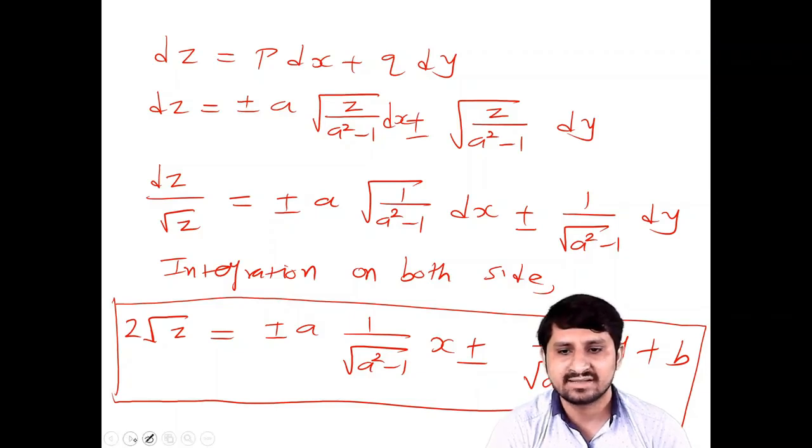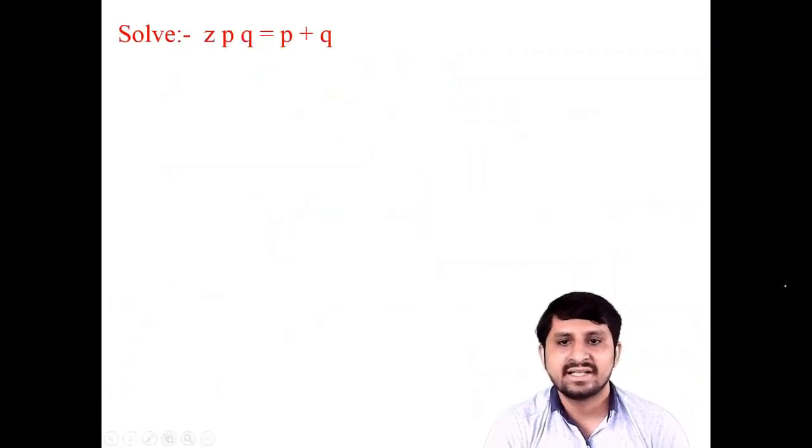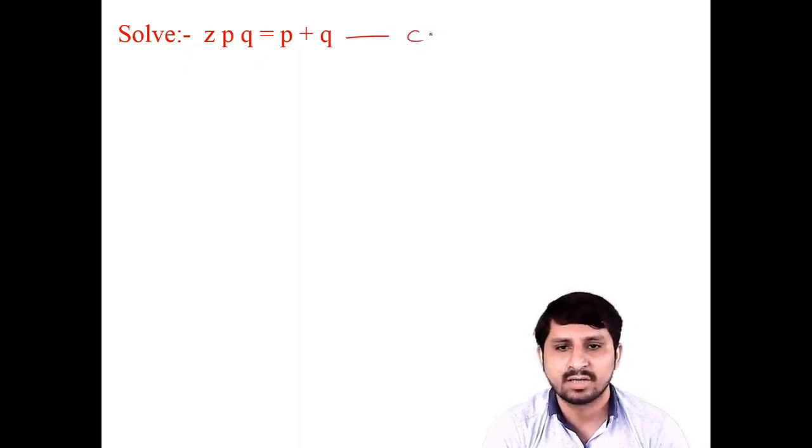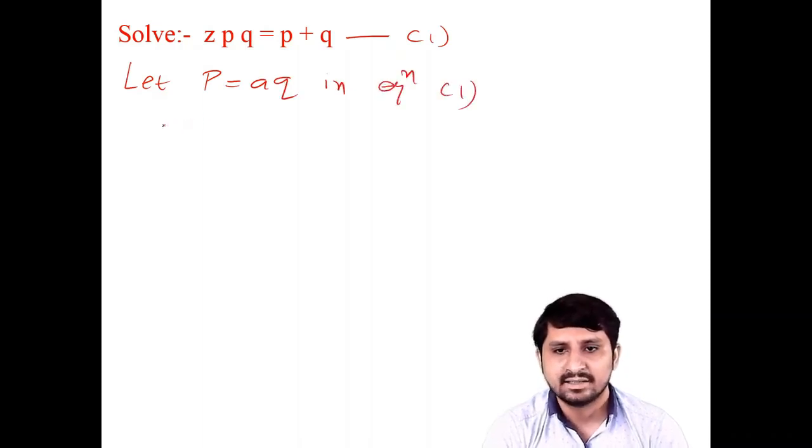Now let's take one more example. Let's take z into pq equal to p plus q. As I told you, call it equation number 1. Let p is equal to a into q in equation number 1. So z a q square is equal to aq plus q.